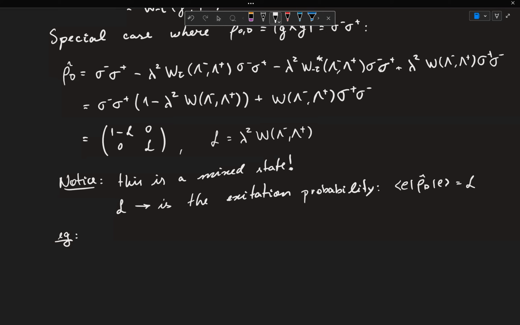So the example. Let's go to Minkowski spacetime. We're going to consider a massless field, so the equation of motion is box phi equals 0. The state omega, we're going to consider the vacuum state of the field.